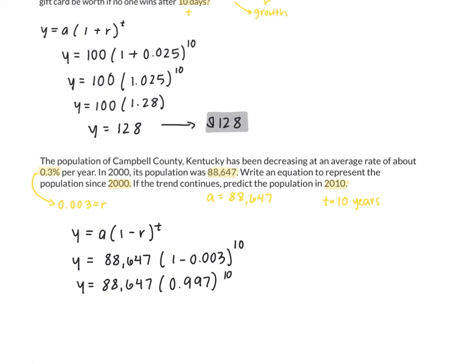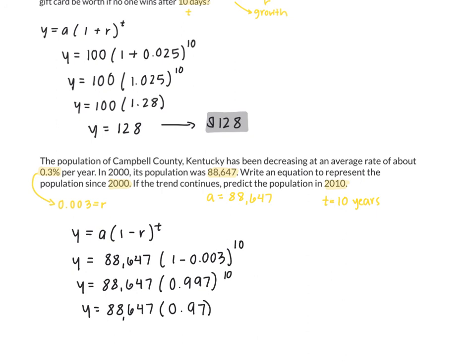Now we want to raise 0.997 to the 10th power, and remember that that 10th power is only covering what's going in the parentheses. So when you put this in your calculator, you're going to get 0.97, and we can go ahead and round to 2 decimal places.